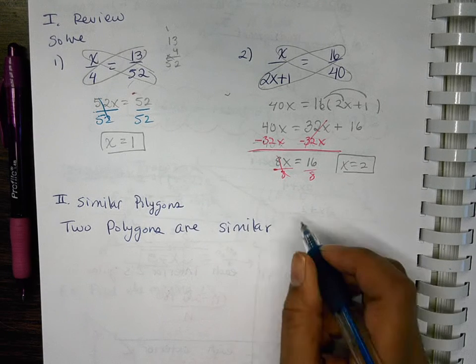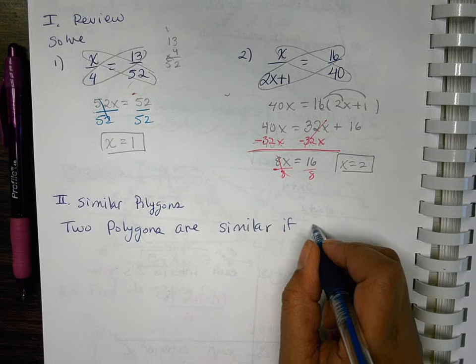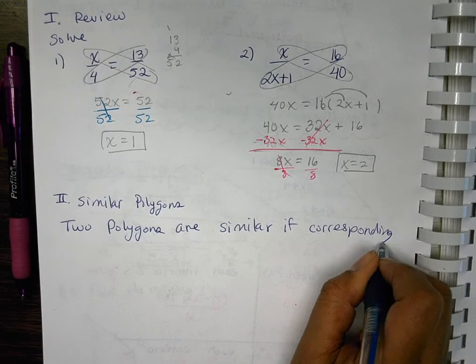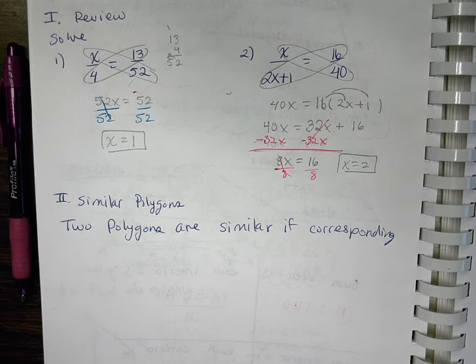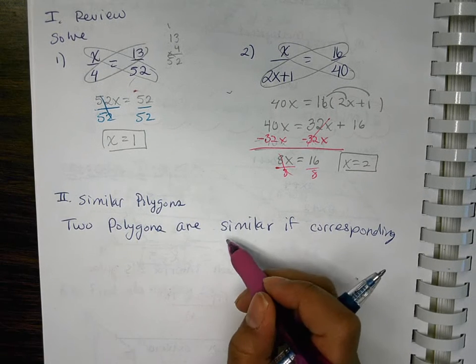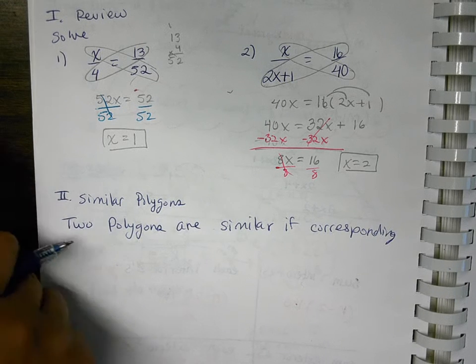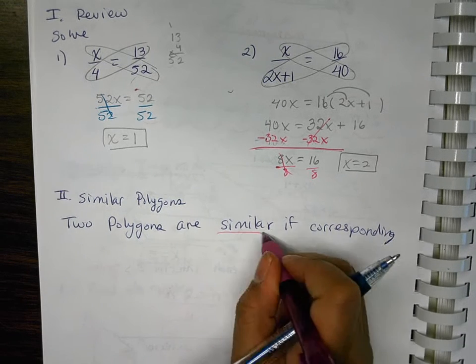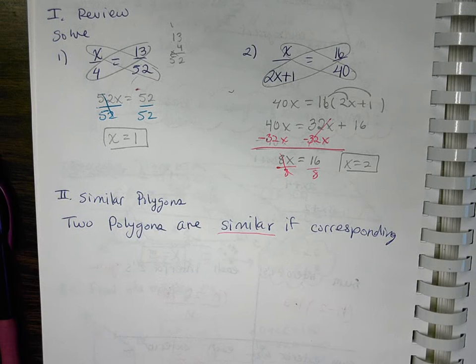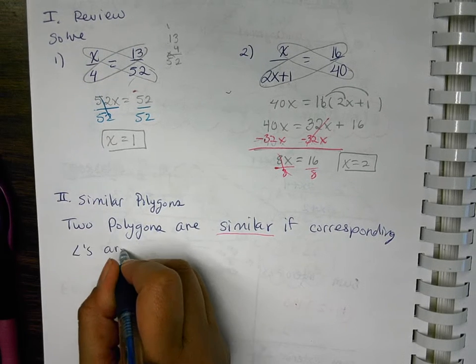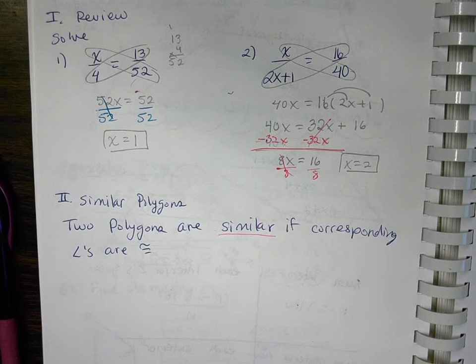Two polygons are similar if corresponding angles are congruent. The keyword here is similar.